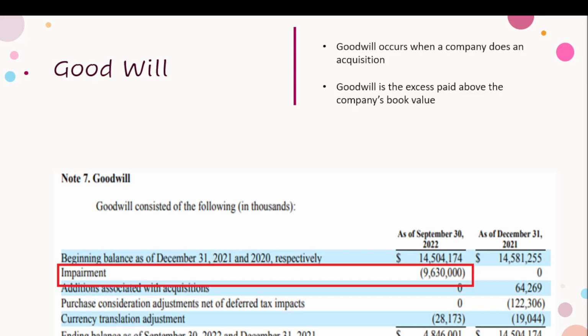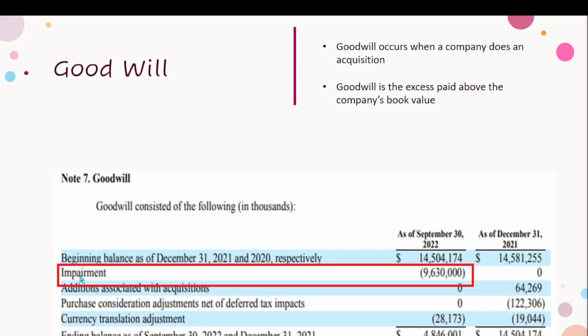So right here, if we're looking at Teladoc's goodwill, it says note 7, goodwill consists of the following in thousands. Here we could see a beginning balance as of December 31st, 2021 and 2020 respectively. So this is the most recent quarter, September 30th, 2022. Here we can see that they started with 14.5 billion.